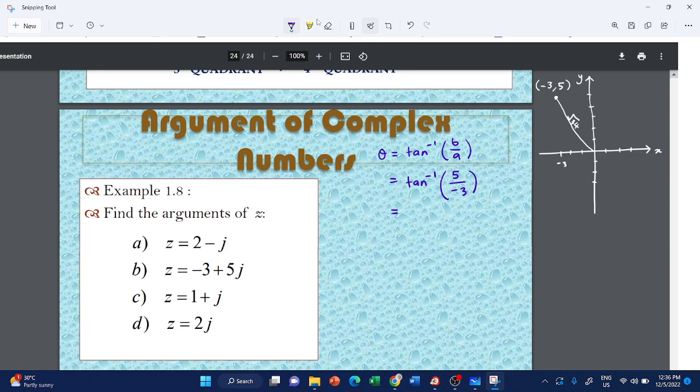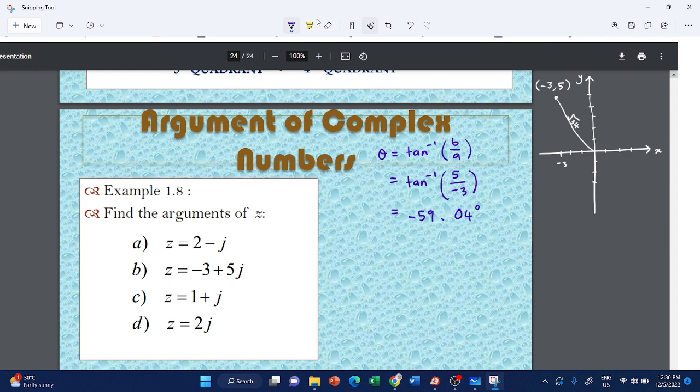Negative 59.04, actually. Okay, so negative 59.04.